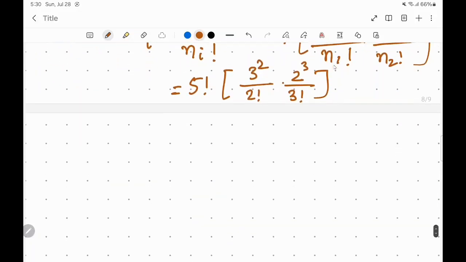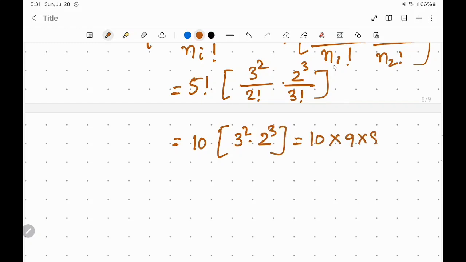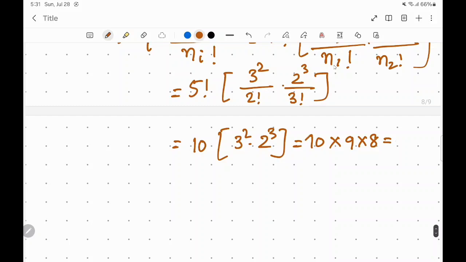Correct? So 5 factorial over 3 factorial gives 20, and 3 to the power 2 is 9, 2 to the power 3 is 8, so 10 into 9 into 8, what will be? 720. Clear? So what was the mistake?